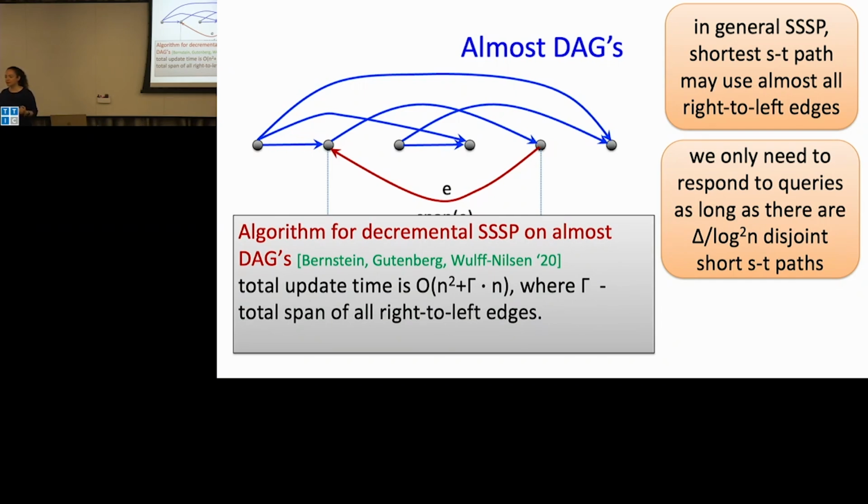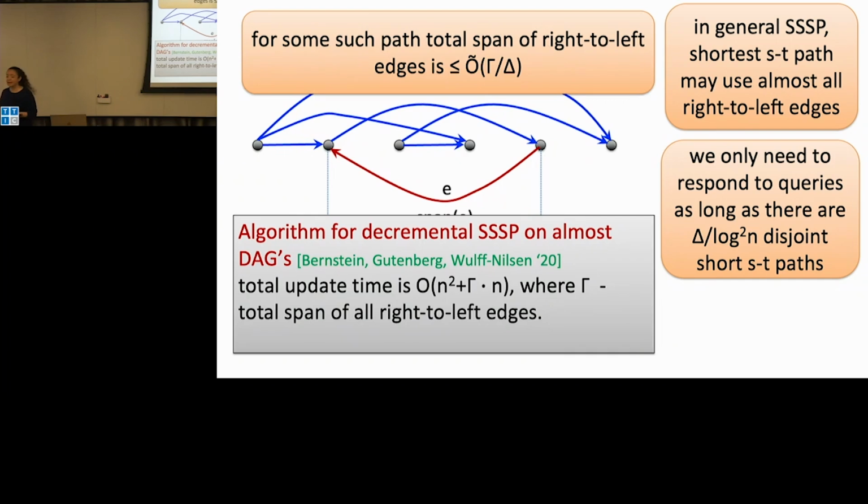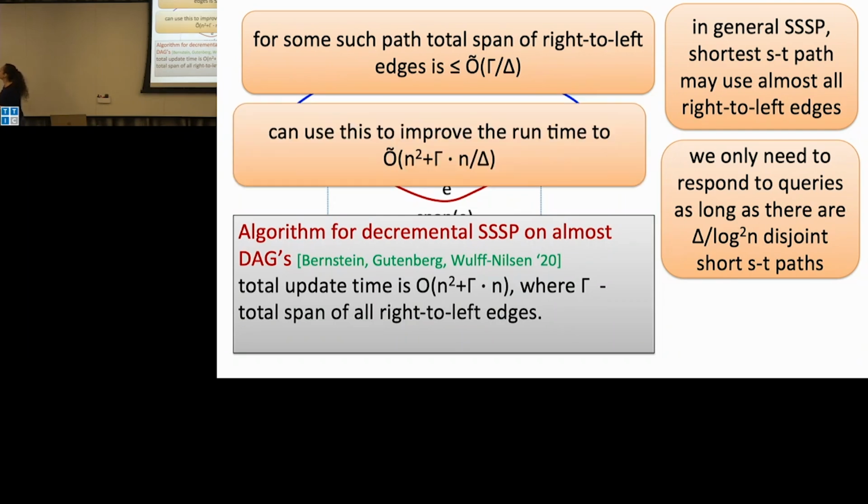And so these right-to-left edges have to be distributed among these short, disjoint ST paths. And so there has to be at least one short ST path that has relatively few of these right-to-left edges, and their total span on this path is relatively small.